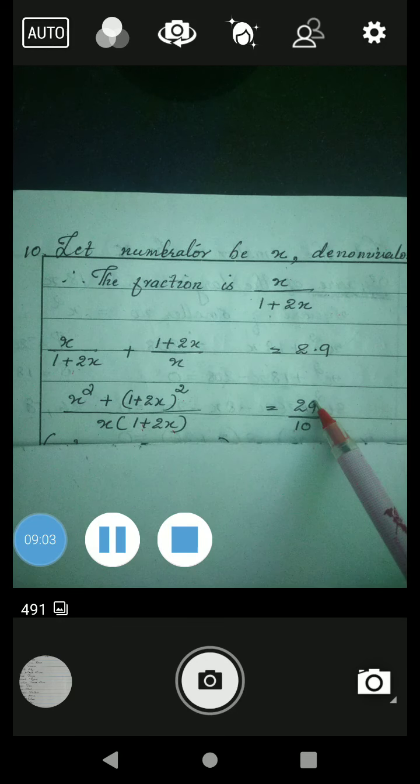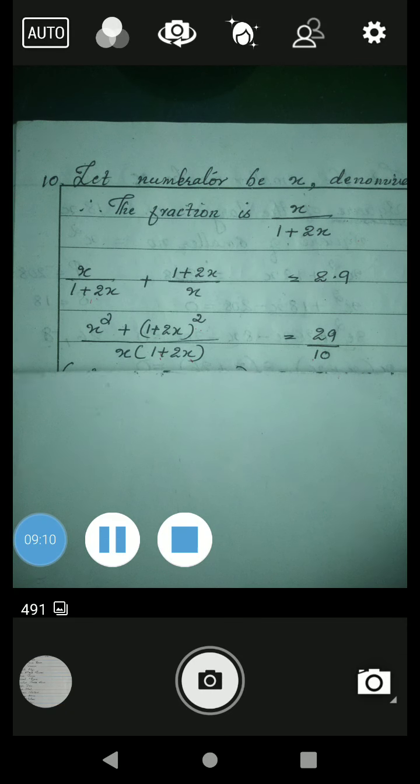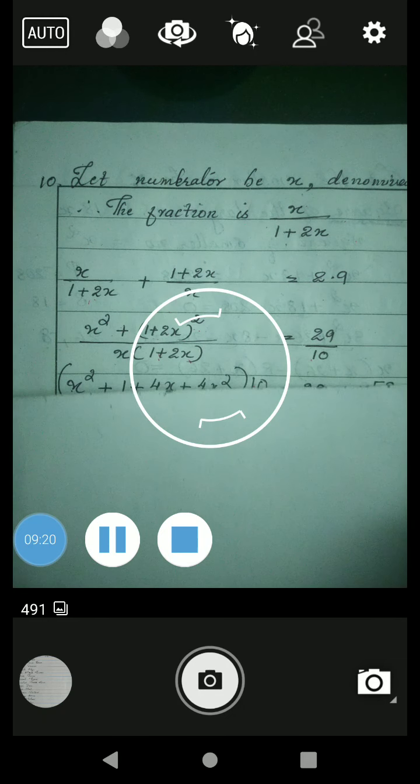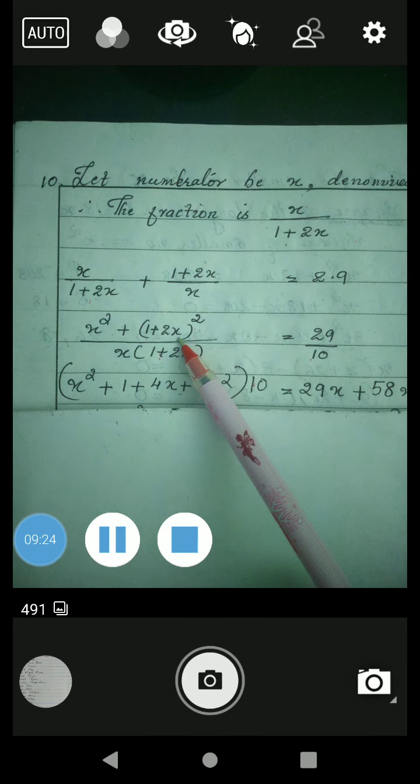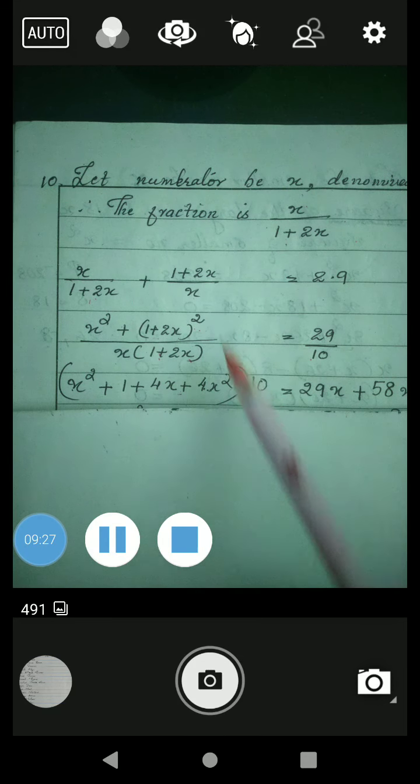Now cross multiply and simplify. You can do it by yourself. Cross multiply and simplify. 10 towards left and this value towards right. Therefore you will get x square plus, just open this bracket, a plus b the whole square.